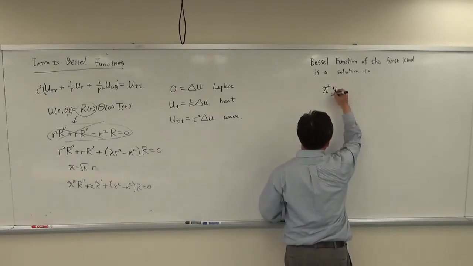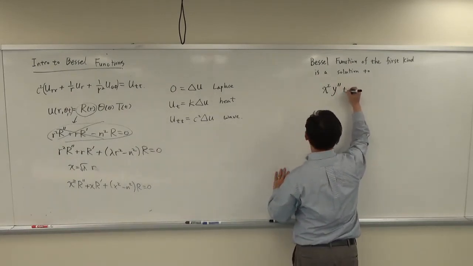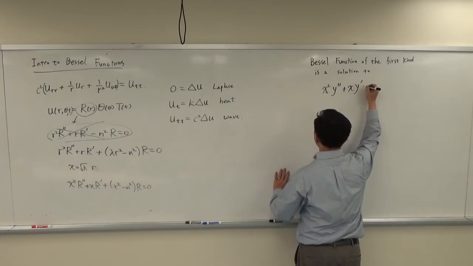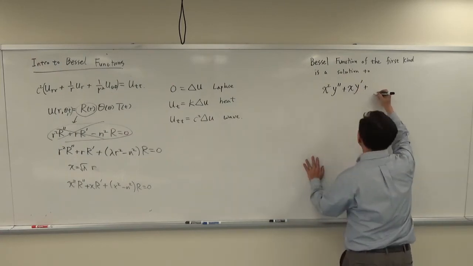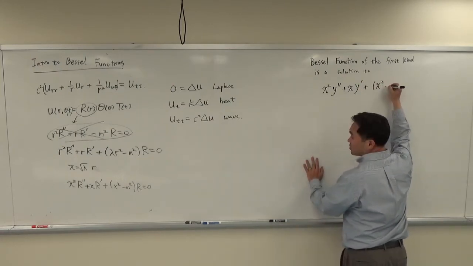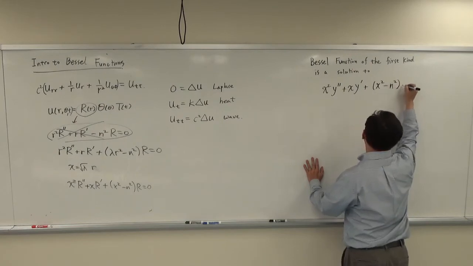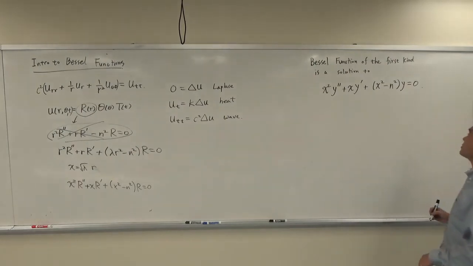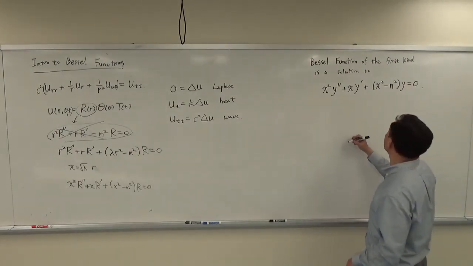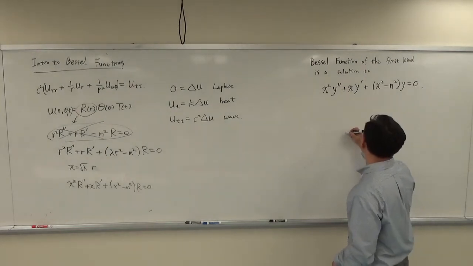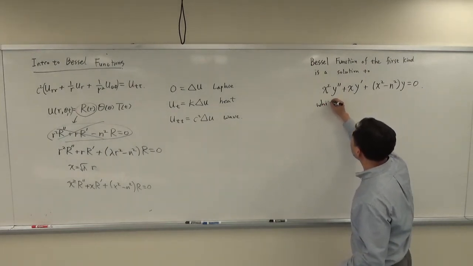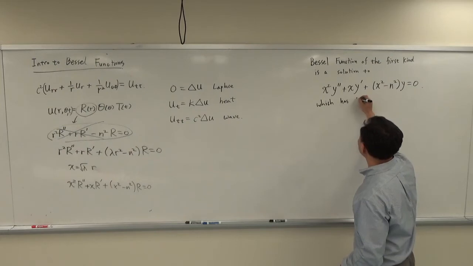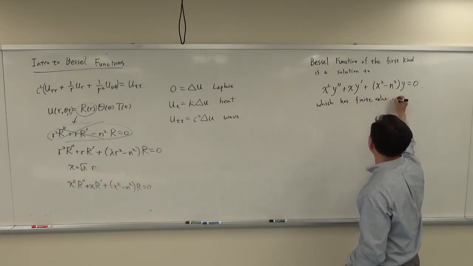So x squared y double prime plus x times y prime plus x squared minus n squared y equal to 0, which has finite value at 0.